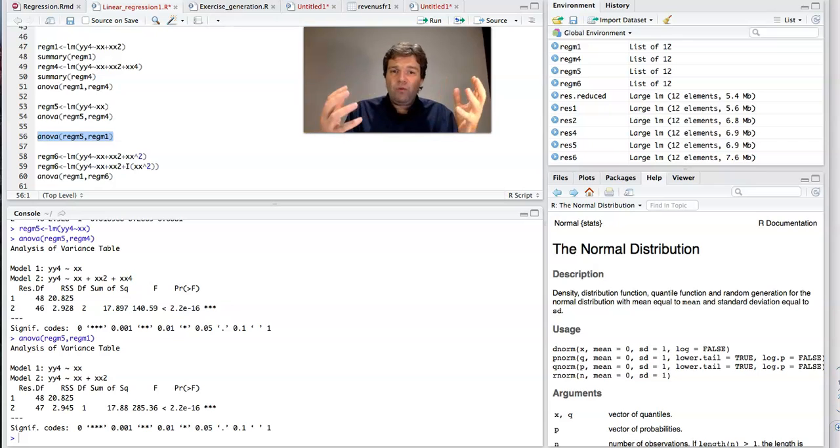In the case that we want to see if it's worth inserting a subset of covariates, if the null hypothesis is not rejected, that means that we don't find any statistically significant reason to consider that it's worth inserting this subset of covariates.